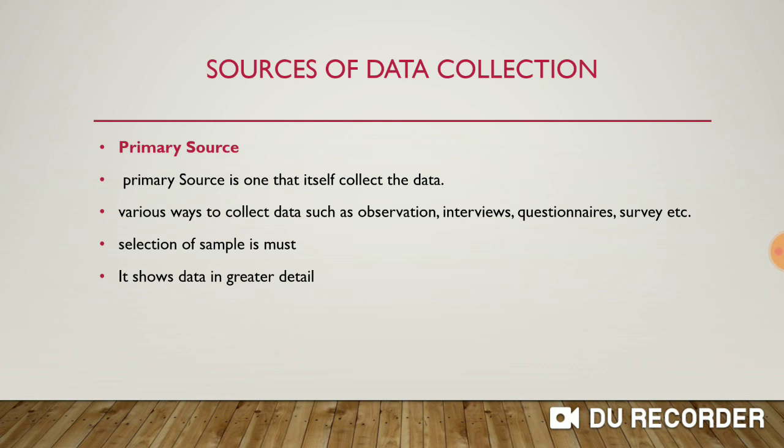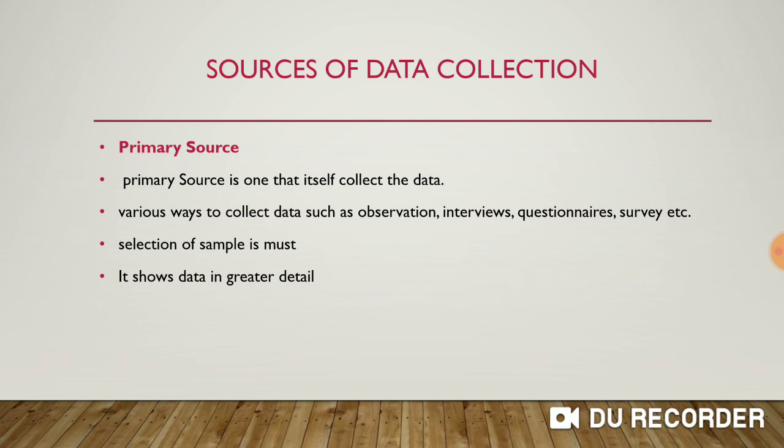By using these methods, the researcher can collect primary data from the respondents who are selected for the study. Sometimes the researcher may use the observation method, interview method, questionnaire method or survey method to collect the data from the respondents.